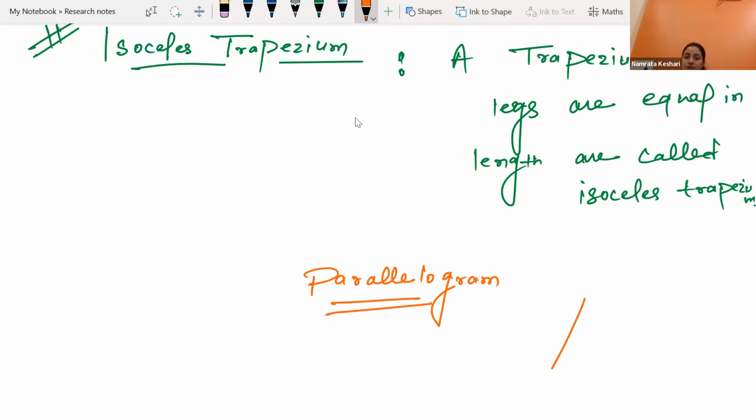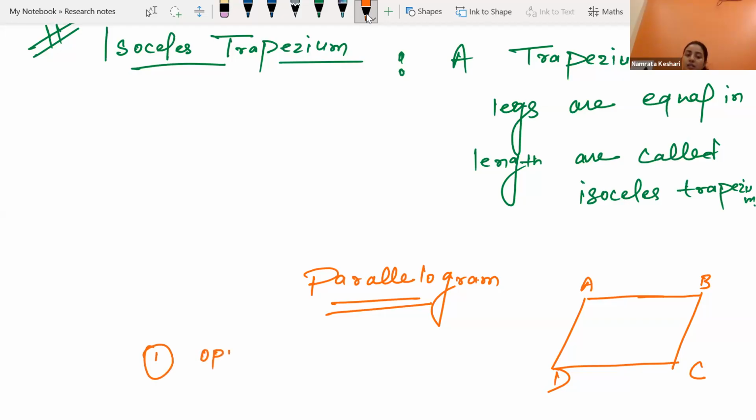Suppose we are having a parallelogram ABCD. Then we know that opposite sides will be parallel and equal with each other.